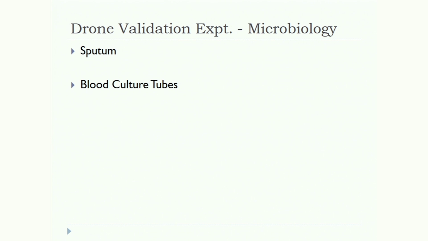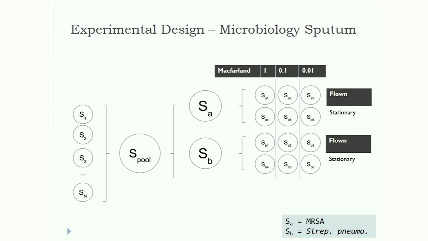We did similar experiments for micro. We looked at sputum samples and blood culture tubes. For the sputum samples, we collected a pool of pathogen-free samples containing only normal flora. And we made a pool and split it up so that both sample sets were as identical as we could get them.